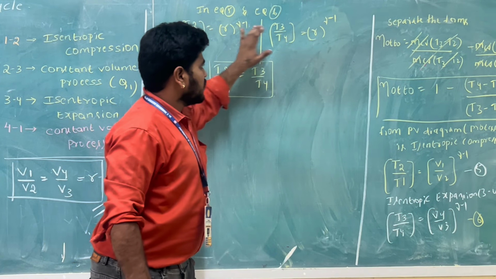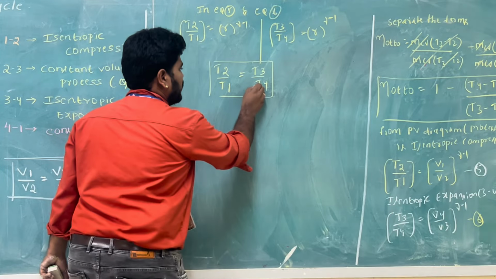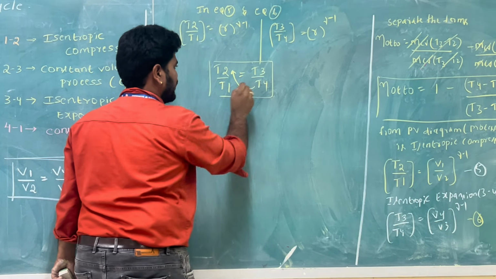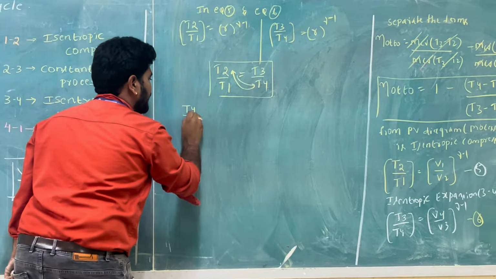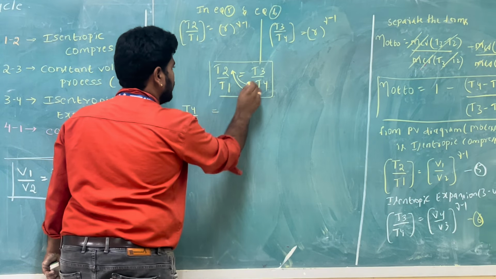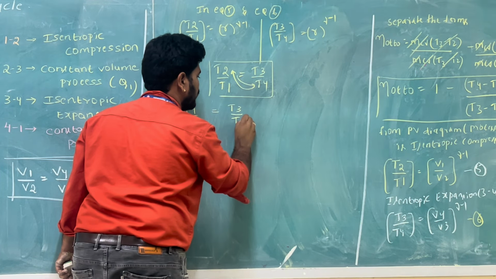One side is the same, so I can equate both sides. On cross multiplication, I can write T4 divided by T1 equals T3 divided by T2.